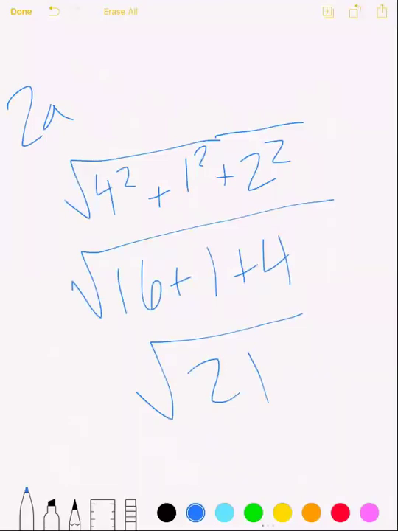So question 3 is the same thing. When it says distance, that's referring to the magnitude. The only thing is you have to come up with the vector. So whether you do AB or BA, in this case, distance is always positive.